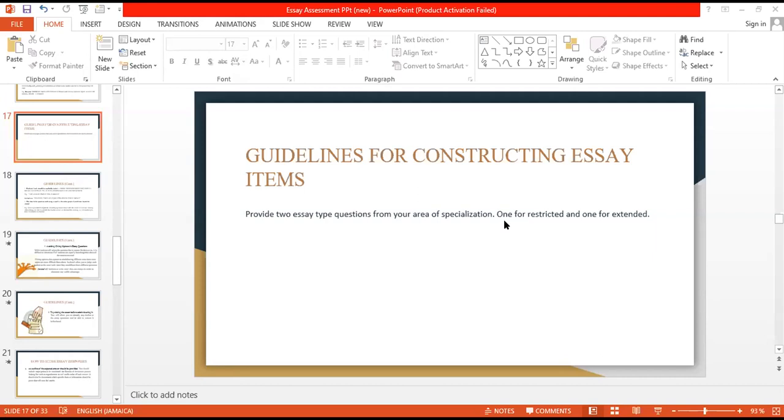The essay can go on and on. So that would target the unlimited nature of the extended essay. Yeah, and that's what we spoke about before. Although it is an extended essay, it doesn't mean it's unlimited.